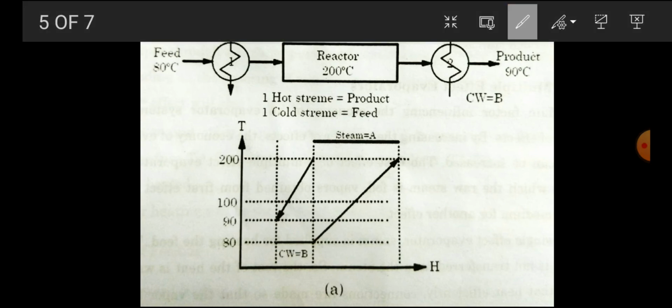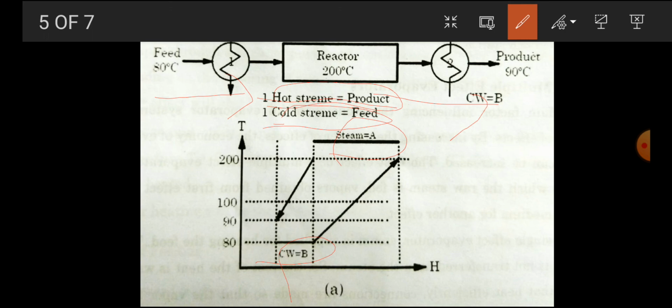Here you can see that the feed is going from one heat exchanger to the reactor and coming out from the second heat exchanger. So the hot stream is the product one and the cold stream is the feed. Here, as we can see, there is no vertical overlap of hot and cold. So here steam is equal to A and cold water is equal to B.